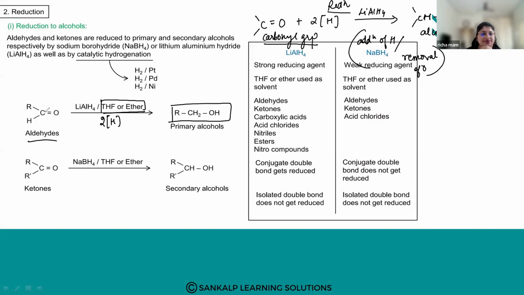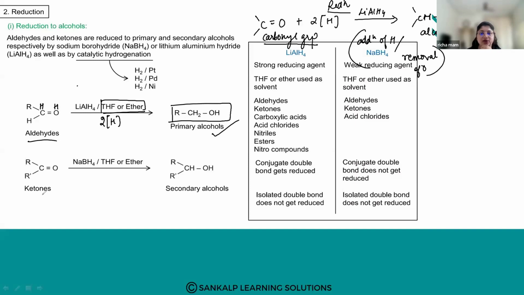So what is happening here? One hydrogen is added here, and one hydrogen is added there, so you get RCH2OH. After removing this double bond, hydrogens are added across it, so you get a primary alcohol.